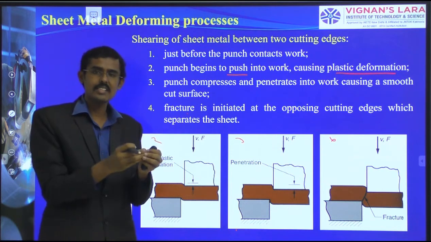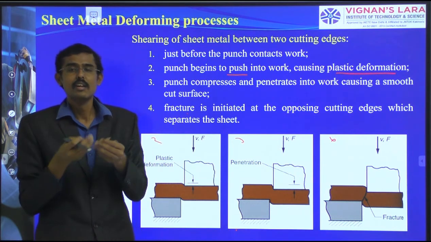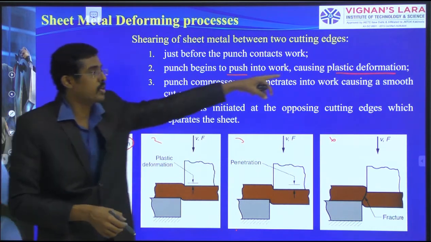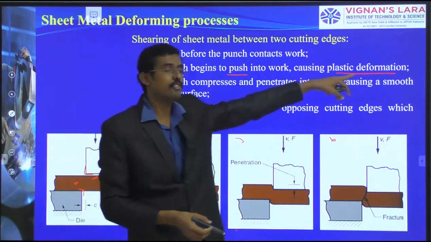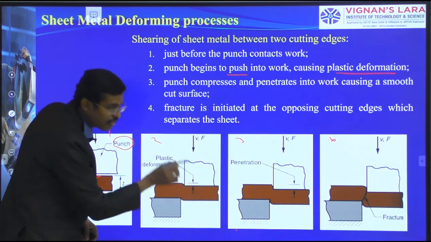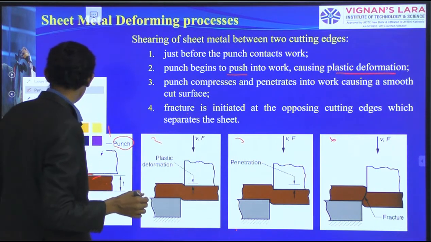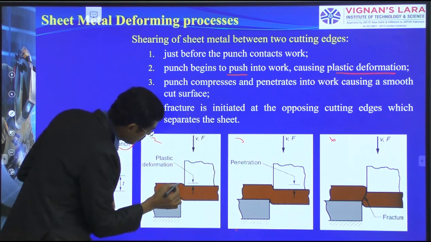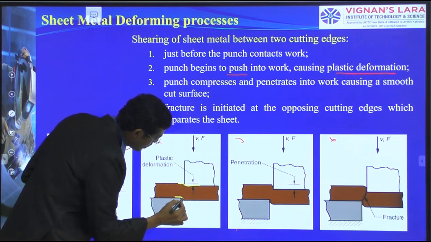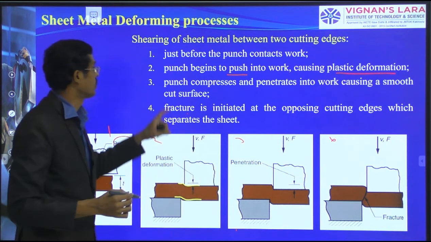Until then, resistance and ductile property will be there in the material. So after resistance, it is going to deform. That is why in the second image you see it is lightly deformed.